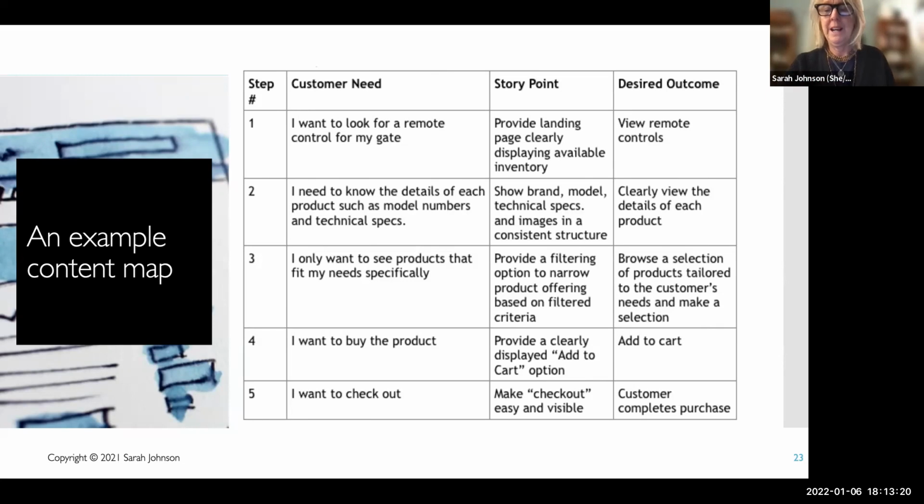It gives you a point to evaluate how you are meeting your desired outcomes. And if not, you can go back through your story points and figure out where you maybe didn't do what the user needed or where you could improve the solve.